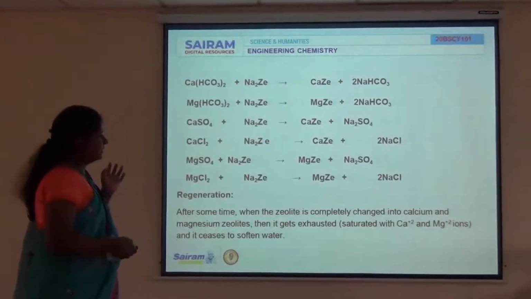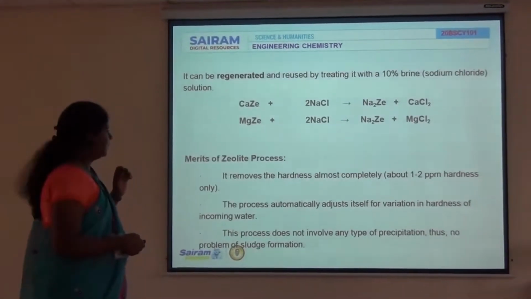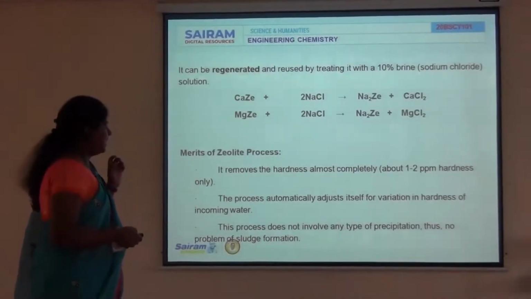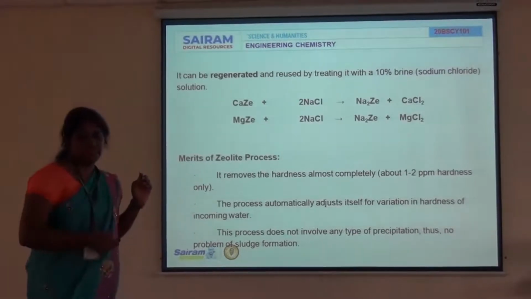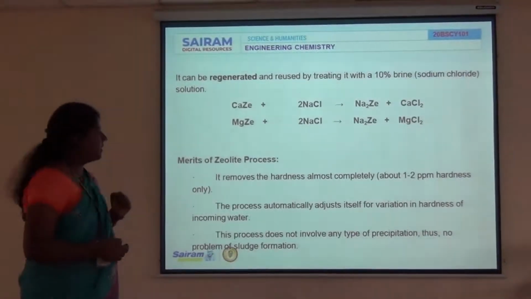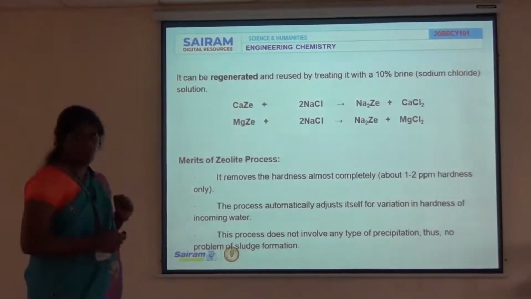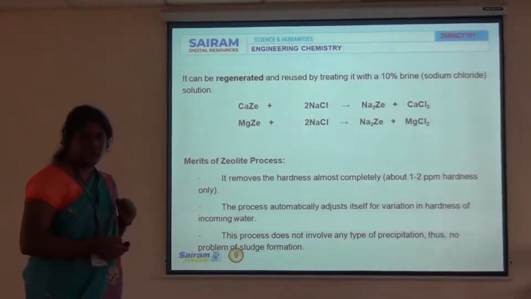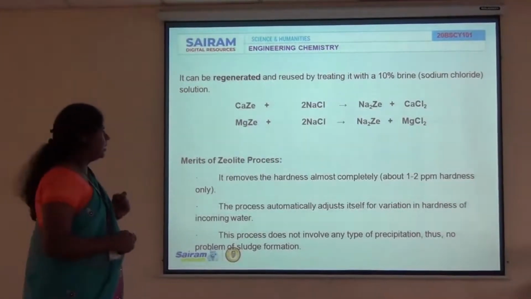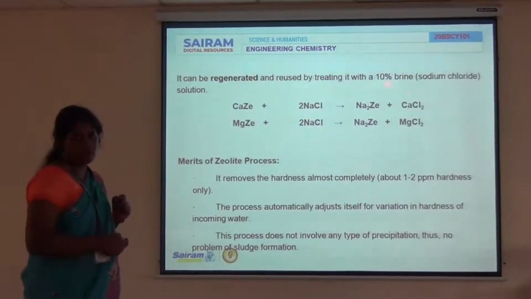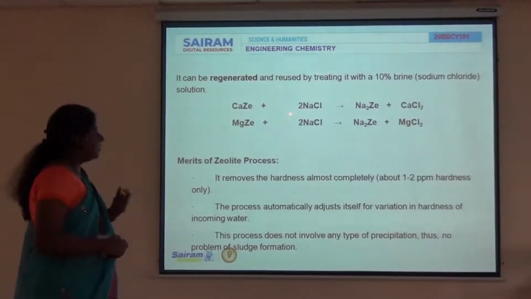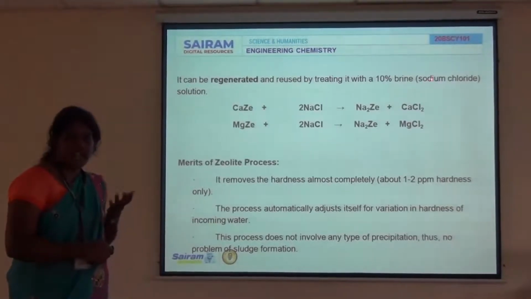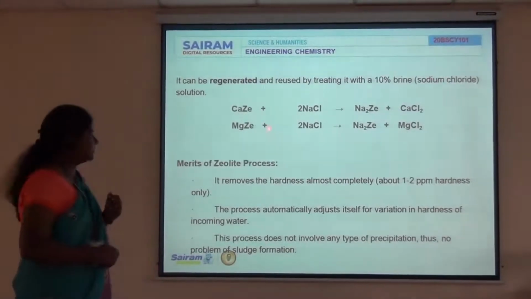Next we are going to discuss how to regenerate. The equation is here. For regeneration, as I have already discussed, we use sodium chloride. You remove the sodium zeolite bed and wash it using sodium chloride. What reaction takes place here? This bed contains calcium and magnesium, the hardness causing substances.